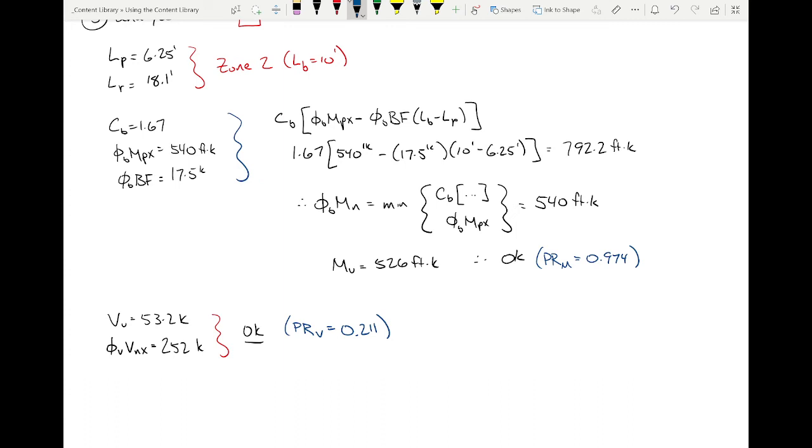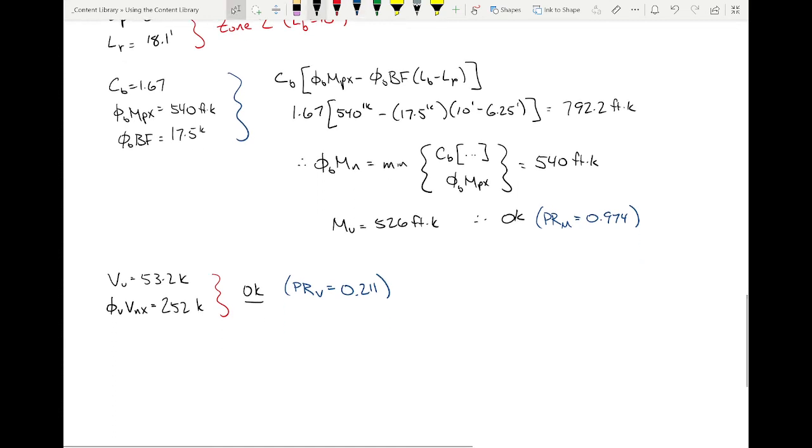Pretty good. Yeah, it's fine. And then finally, if you want, you can do the deflections. You get that the deflection limit is, again, 0.667 inches, and the actual deflection is PL cubed over 48 EI.